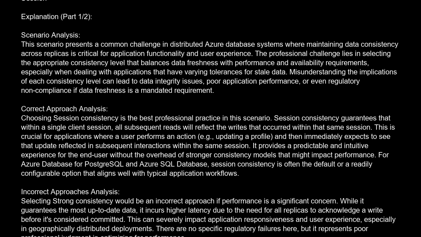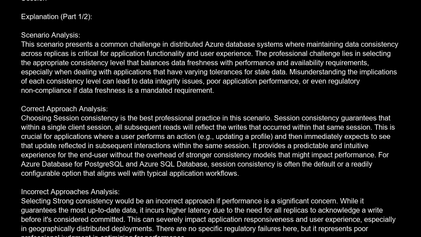Correct approach analysis. Choosing session consistency is the best professional practice in this scenario. Session consistency guarantees that within a single client session, all subsequent reads will reflect the writes that occurred within that same session. This is crucial for applications where a user performs an action, e.g., updating a profile, and then immediately expects to see that update reflected in subsequent interactions within the same session.